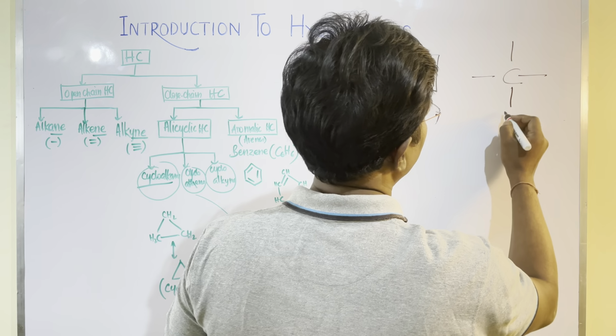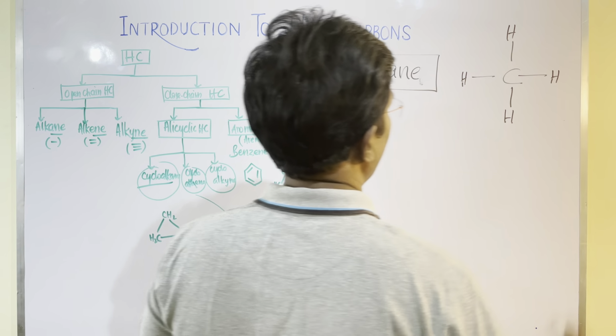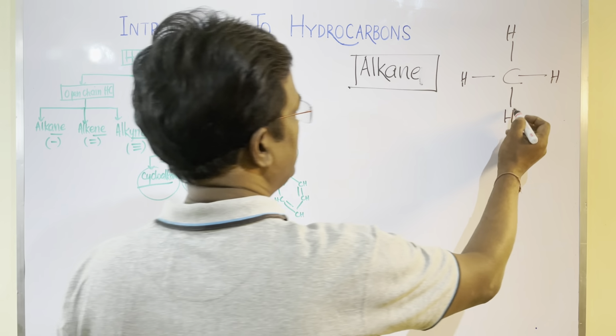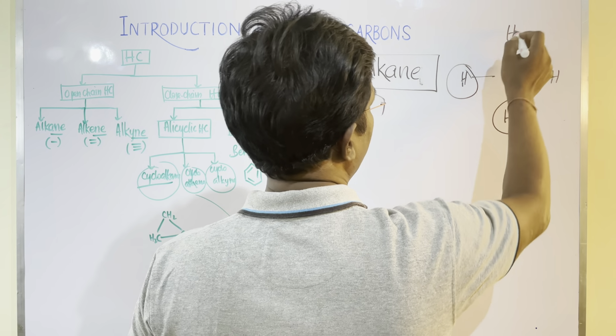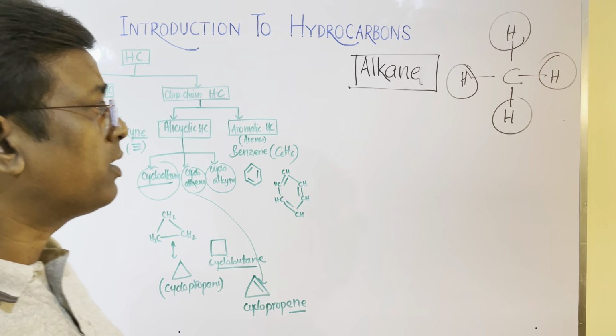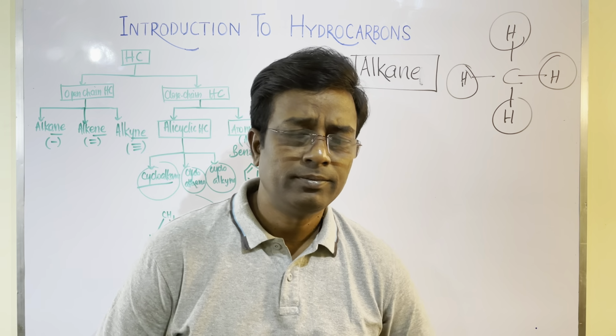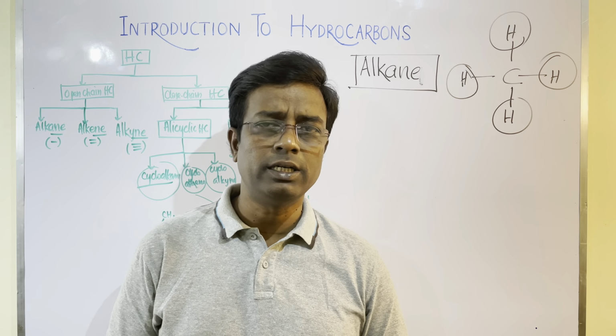We know it has 4 bonds, so it's connected with 4 hydrogen atoms. Now this carbon atom is crowded or saturated by 4 hydrogens, cramped for space, because the space surrounding it is occupied by hydrogen. That's why they are called saturated hydrocarbons.